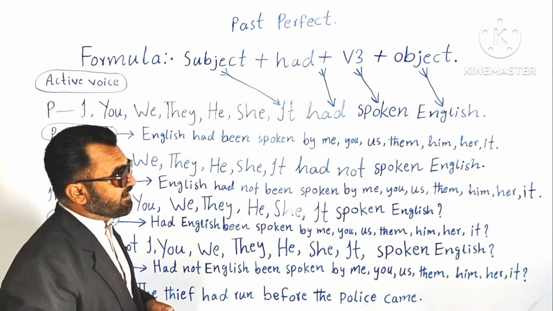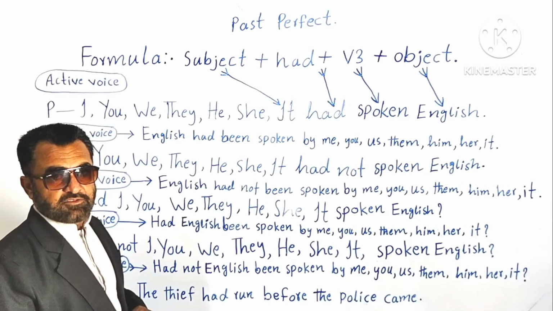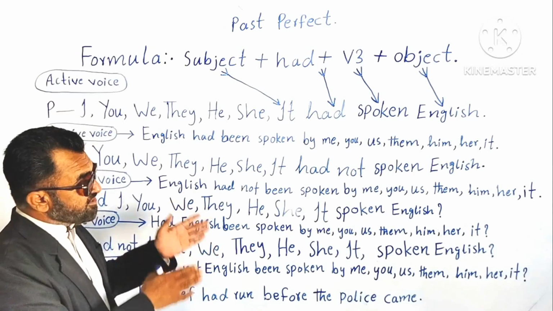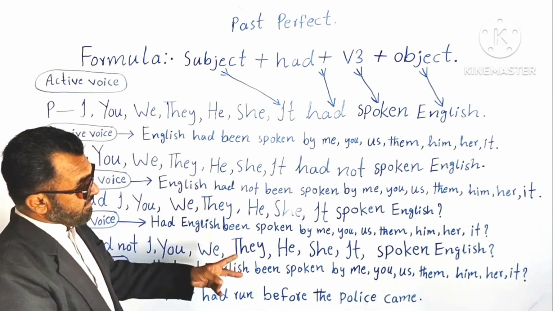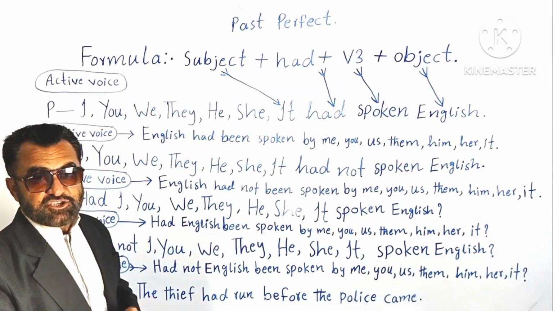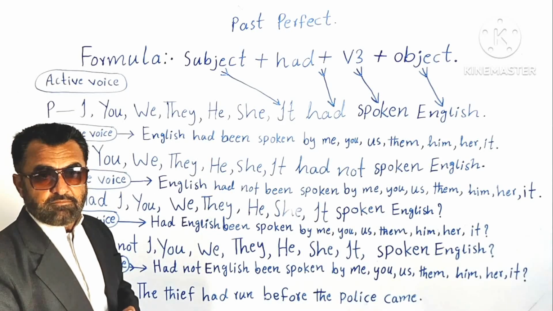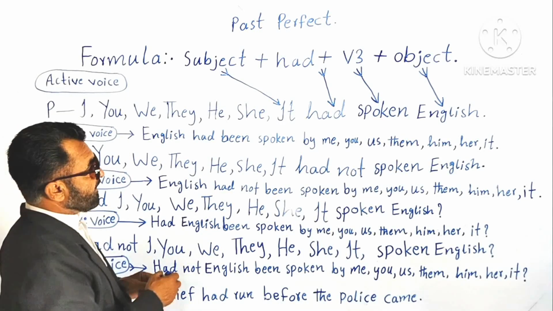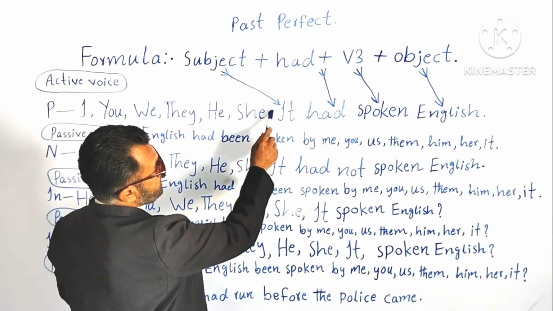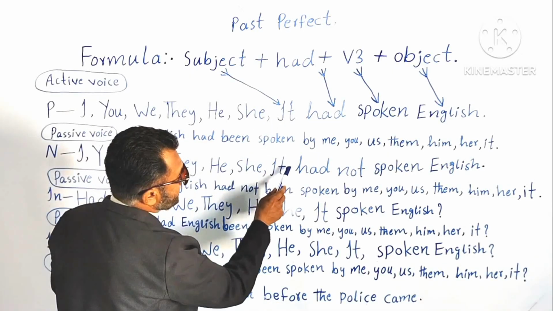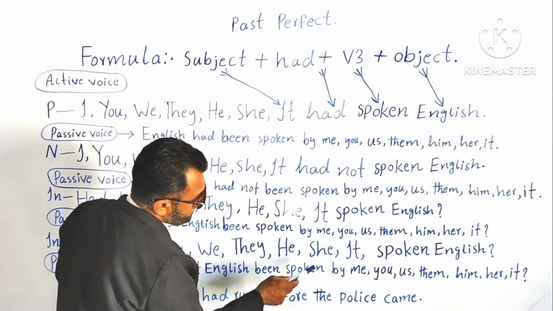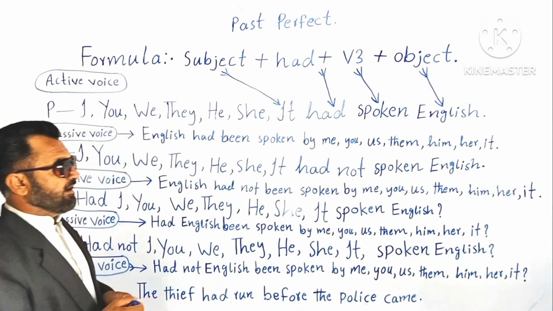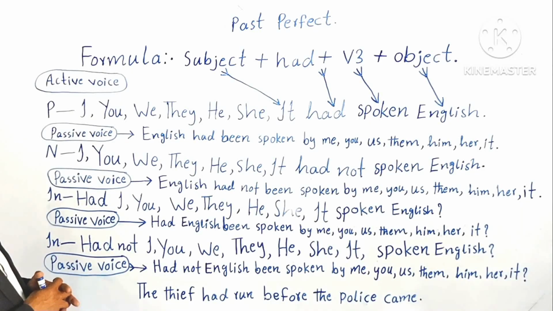I have deliberately done this so that you can easily differentiate between the pair of sentences. You see, here it is active voice, passive voice, active voice, passive voice, active voice, passive voice, active voice, and passive voice. Understood?